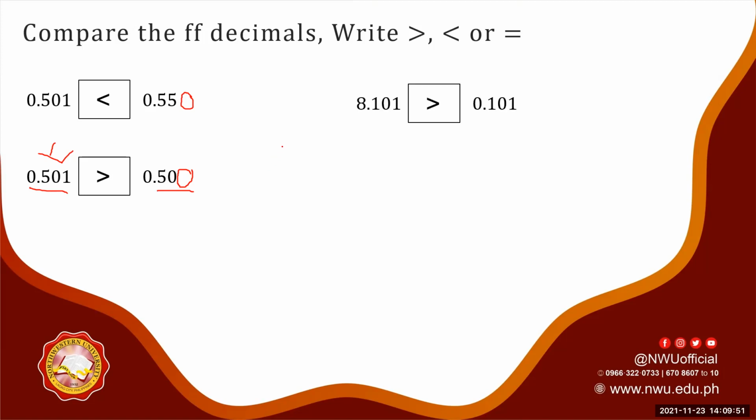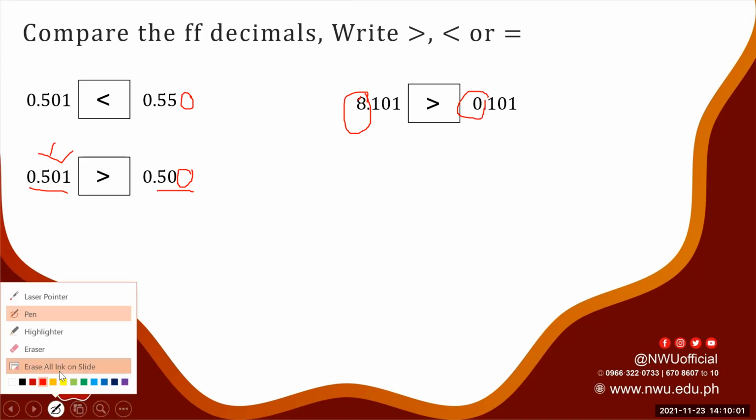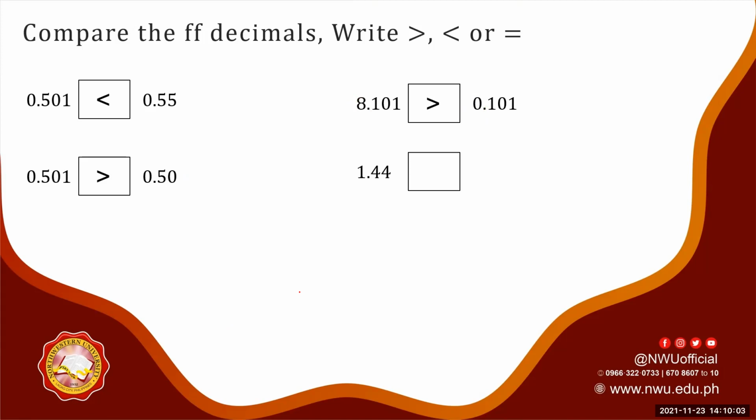The same goes for this scenario, because this is 8 and this is just 0, and we know that 8 is greater than 0. While for 1/4 and 1.5, you can add 0 so both have the same places, and we know that 50 is greater than 44. So the operator opens toward that.